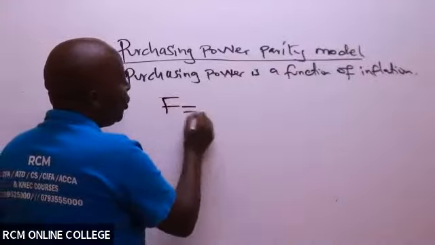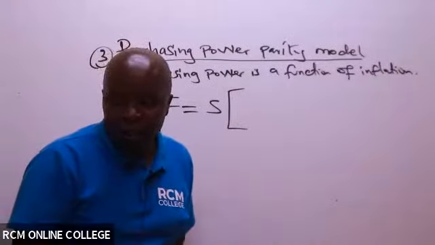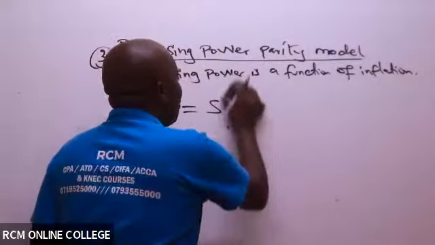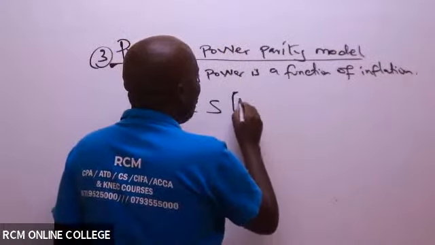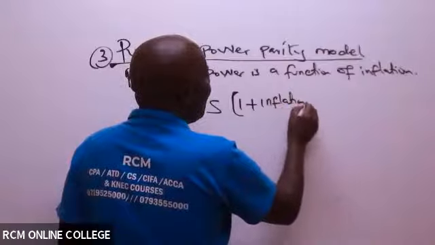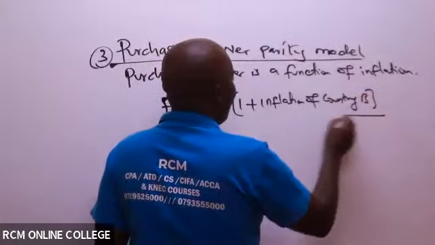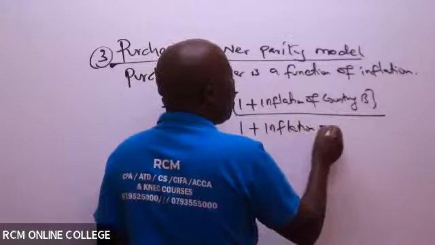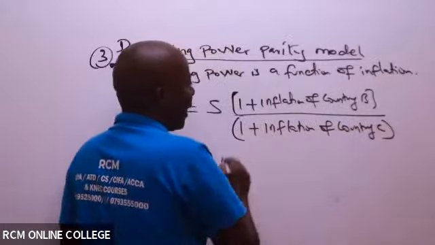So forward exchange rate will be equal to the spot exchange rate into 1 plus inflation of country B, over 1 plus inflation of country C, like that.